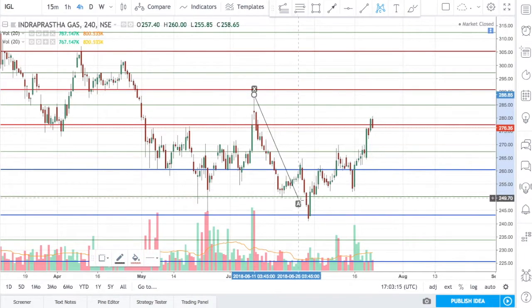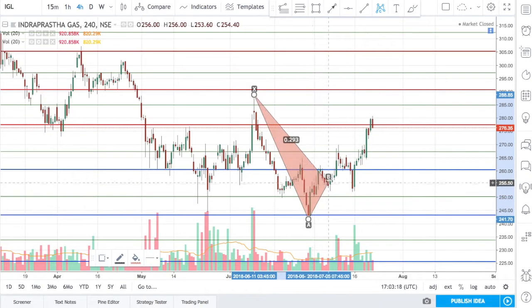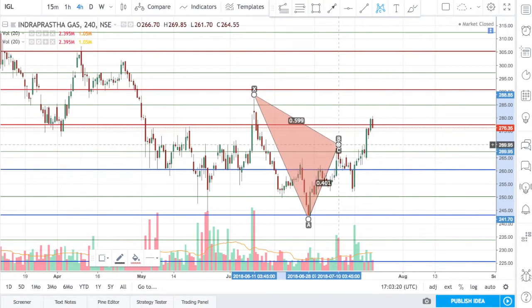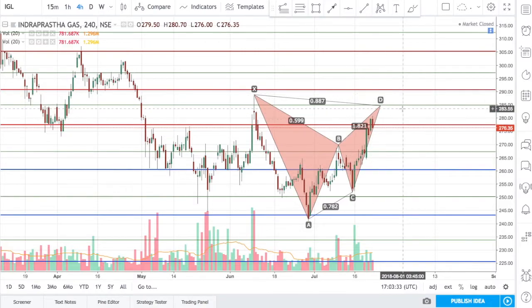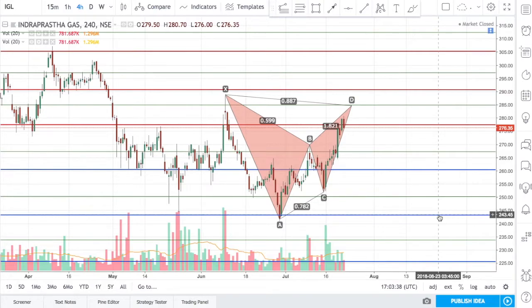This would be our X to A to B, B to C, and the possible D point completion at 886. This is how a bad pattern looks in IGL. Coincidentally, we have the D point completion on the bad pattern at this minor level of resistance.